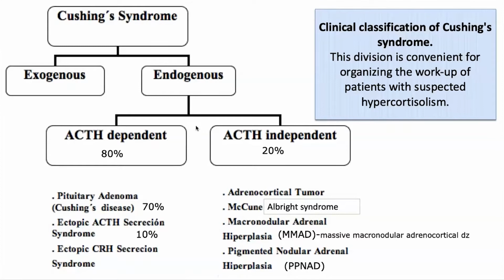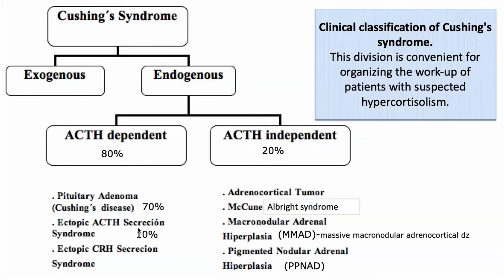For ACTH dependent, the ACTH level is very high. So we can suspect that it must be due to a pituitary adenoma, because the pituitary adenoma produces the ACTH, and the increase in ACTH will act on the adrenal gland, causing an increase in production of cortisol.